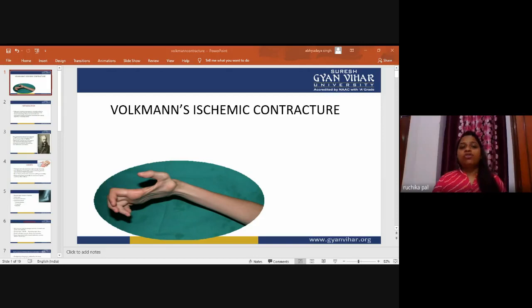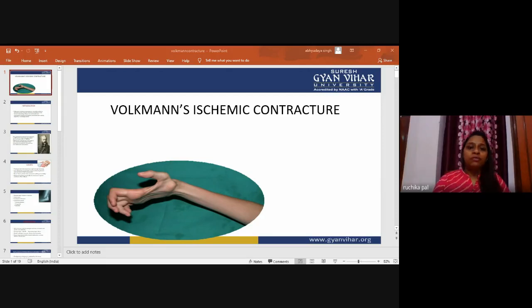Following this trauma, there is a deficit in the arteriovenous circulation in the forearm, which causes decreased blood flow, and hypoxia can lead to damage of the muscle, nerves, and vascular endothelium. This results in shortening contracture of the muscle in the forearm. So this is the brief definition of Volkmann's ischemic contracture.